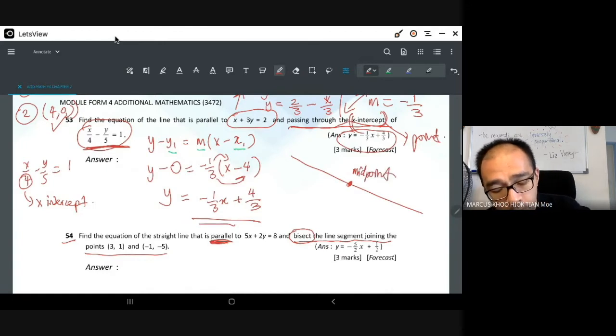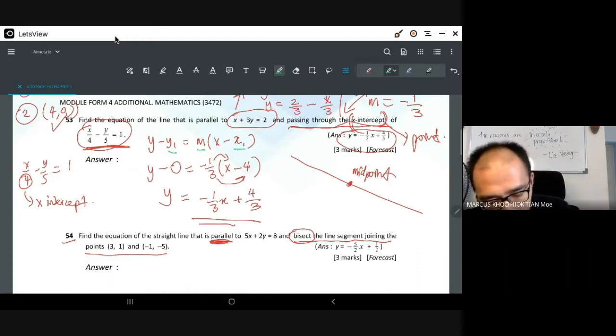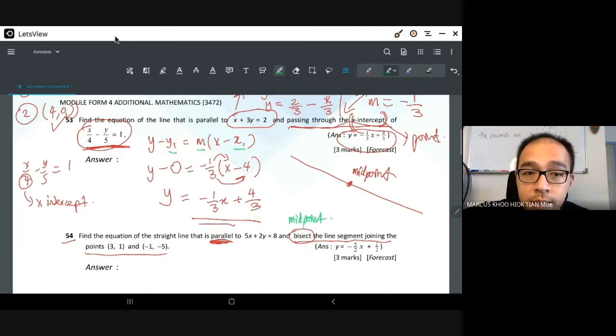If you have your module with you, I know that some of you don't have a module, but never mind. If you have your module with you, write down here, bisect means you want to find the midpoint. Very, very important word.